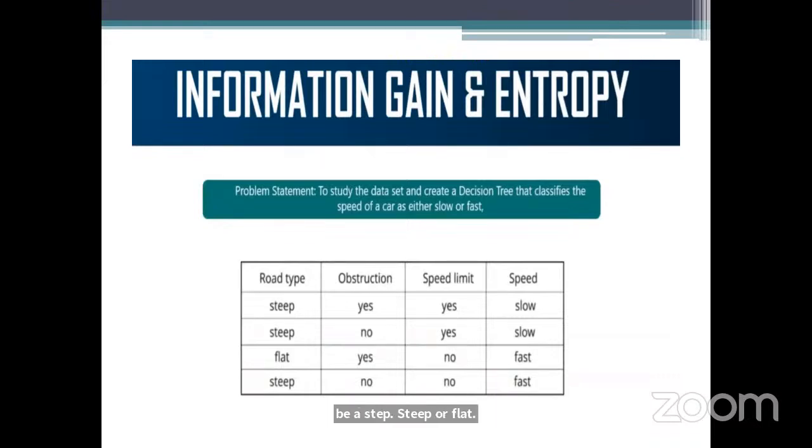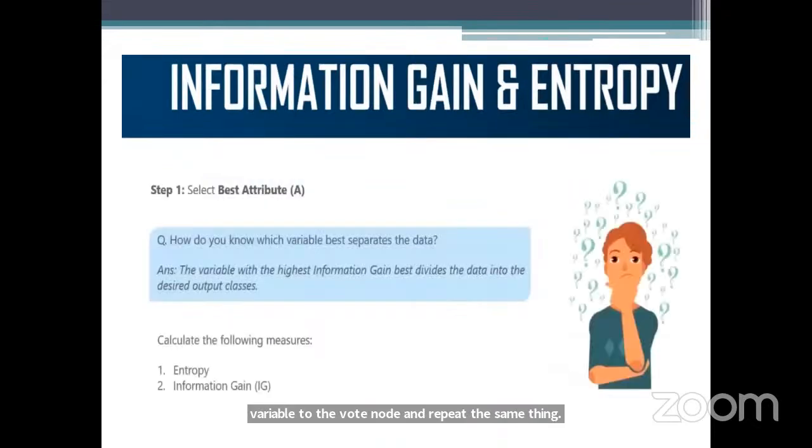So you will be building a decision tree using these variables in order to predict the speed of the car. All right, I already explained to you that we must first begin by deciding a variable that splits the data set and assign the particular variable to the root node and repeat the same thing for the nodes as well.